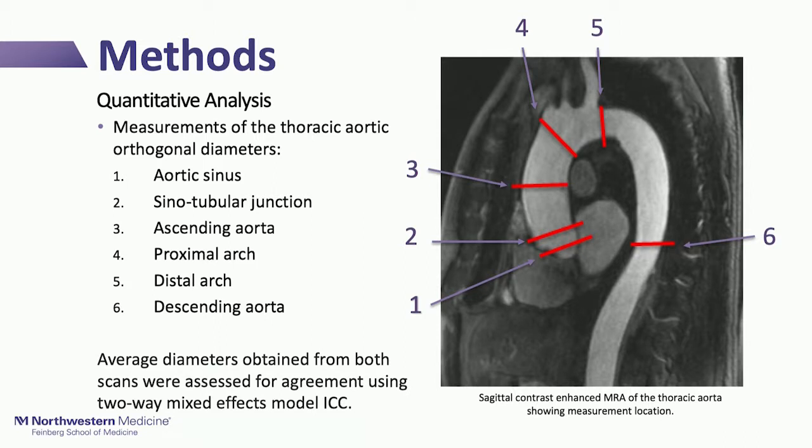They were looked at without knowing which contrast agent was being given, and after we obtained the average diameters, we used a 2-way mixed effects model ICC to assess for the agreement between the 2 scans.